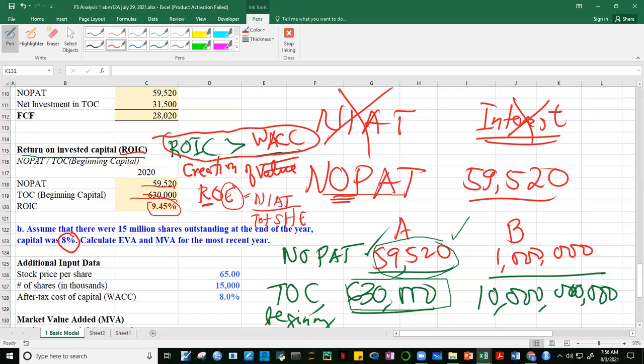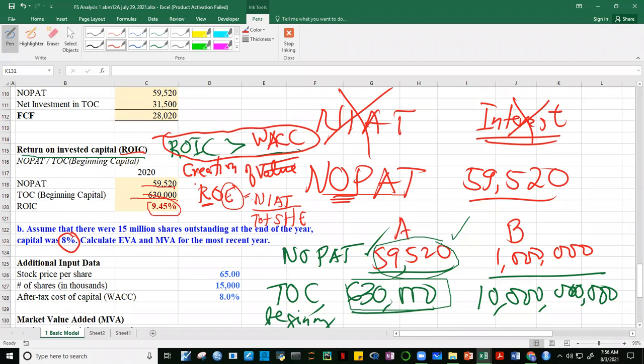That's why you will see some computations of TOC will be the average of the beginning and the ending. Okay? But for our purposes, pati ito din ginagawa ng iba, ginagamit natin yung beginning capital. Kasi ang kwento parang, sige, at the beginning of the year, ito yung binibigay sa management, 630. Okay, what did you do with that? Okay, parang ang assumption, for the whole year, 630 yung ginamit.